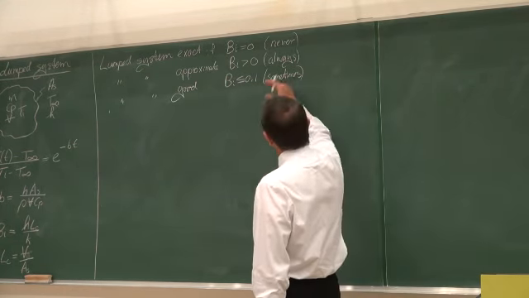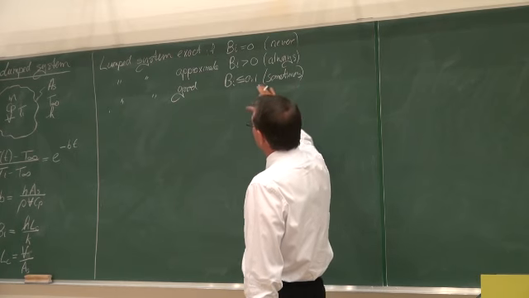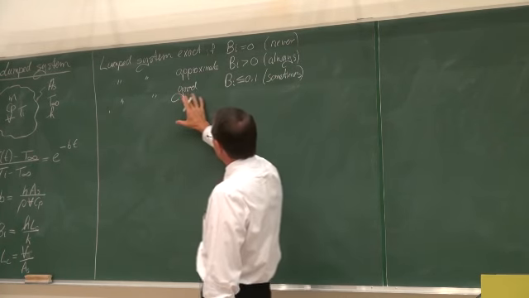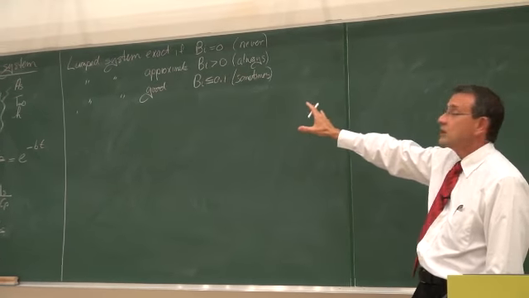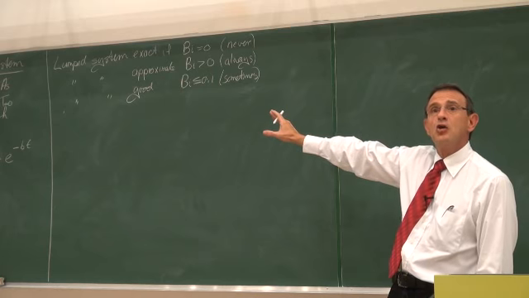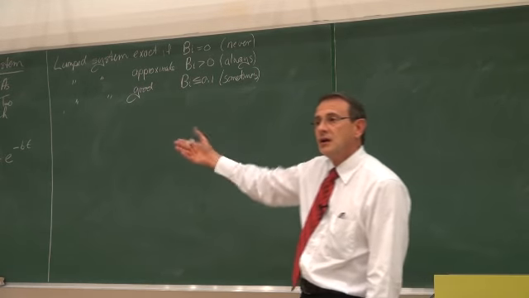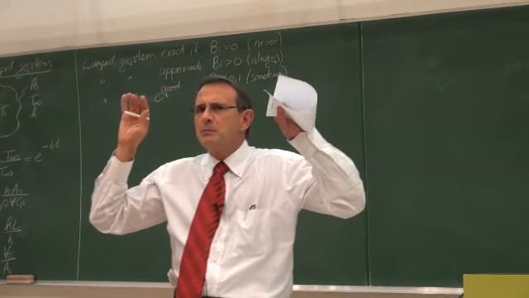The third category is, when would it give a good result? It would give a good result typically when the Biot number is smaller or equal to 0.1. And that only happens sometimes. Now when is this sometimes?